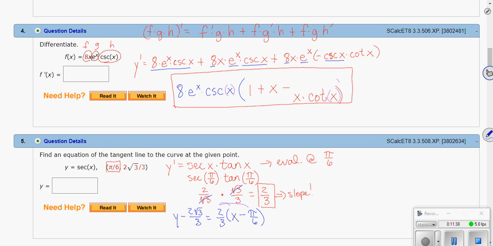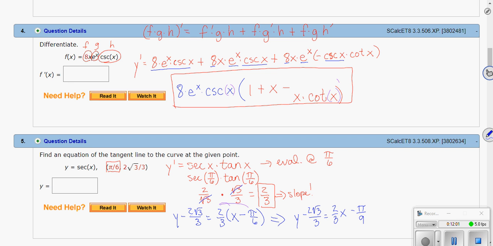So I'm going to keep working here to the right. This gives me y minus 2 root 3 over 3 equals 2/3 x. If I take the 2/3 times pi over 6, 2 will go into 6 3 times, so I end up with minus pi over 9.